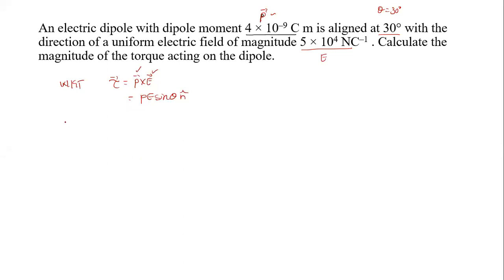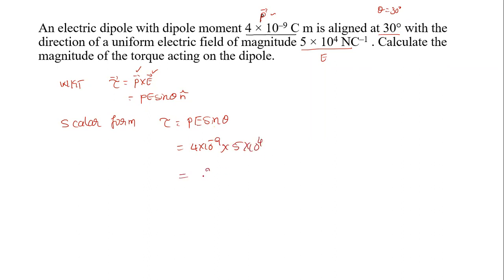In scalar form, tau is simply PE sine theta, where P is given as 4 into 10 power minus 9 and the electric field is 5 into 10 power 4.